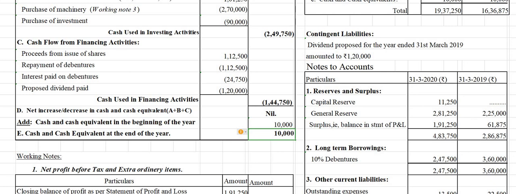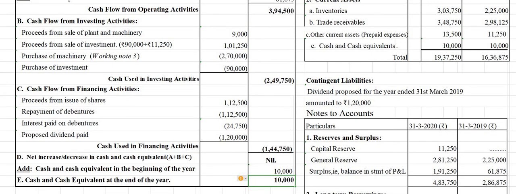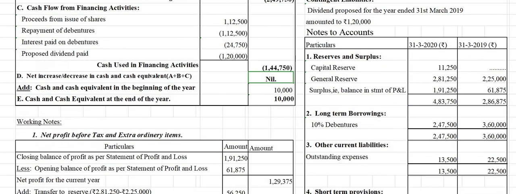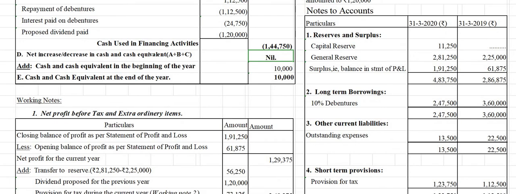So one thing you can check here, cash and cash equivalent opening 10,000, closing 10,000. So if the same amount is given for opening and closing cash equivalent, in normal cases, net increase or decrease in cash and cash equivalent will be nil. Okay, so that is another speciality why this problem is chosen to explain to you.